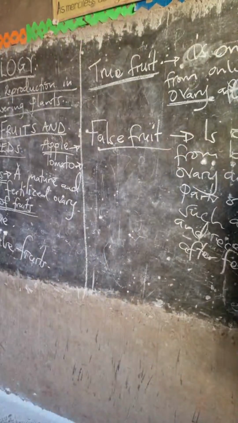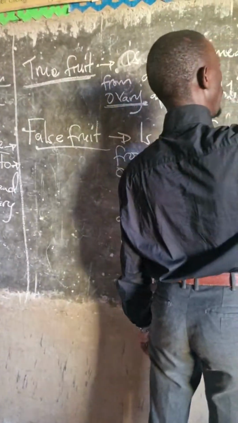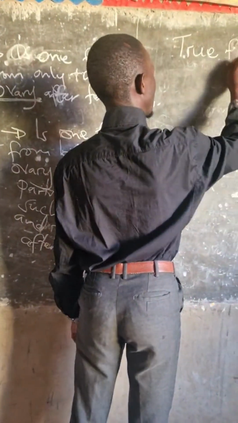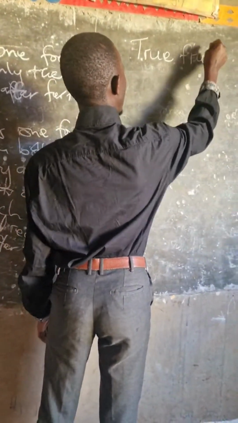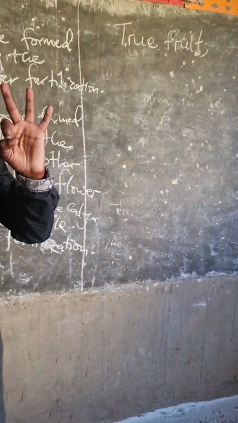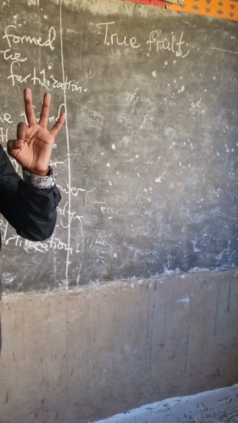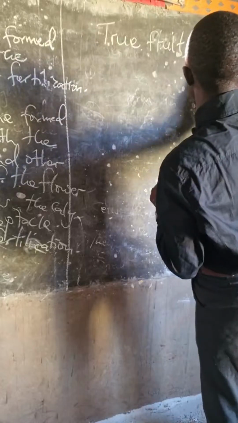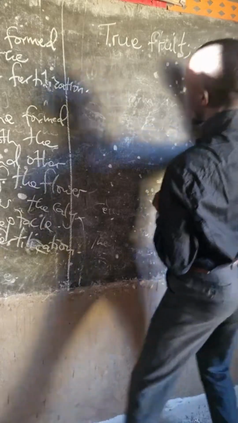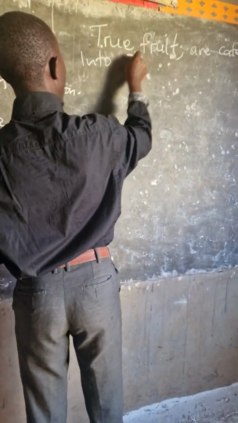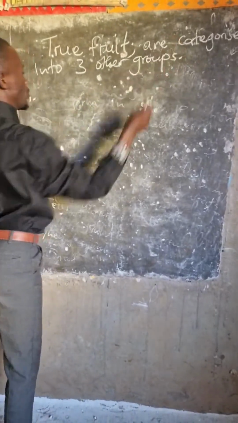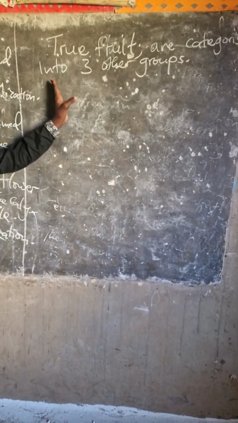If we are to move on, the true fruits are further categorized into three categories. So yes, they are true fruits, but they are further broken down.